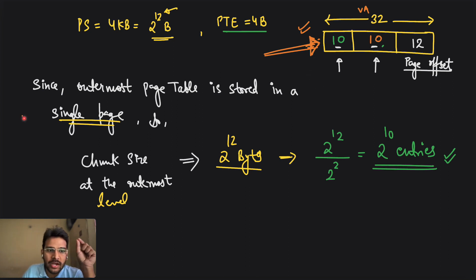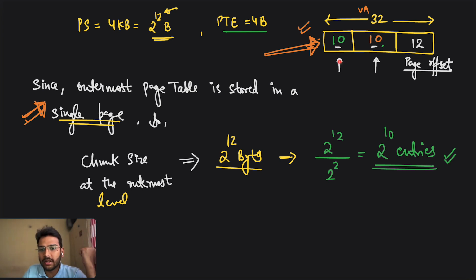So this was the hint, due to which we would be able to find what will be the split here. Because if this is not given, as I told you in the lectures also, every time they are going to mention something in the question which will decide this virtual address split. Because if this line is not there, that the outermost page table is stored in a single page, in that case you could take 12.8 also.